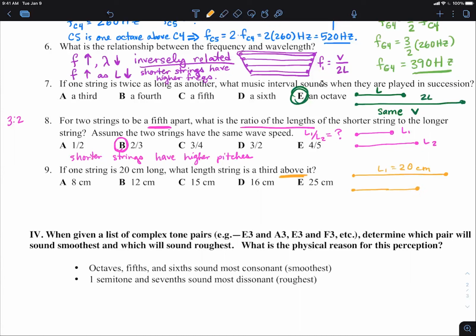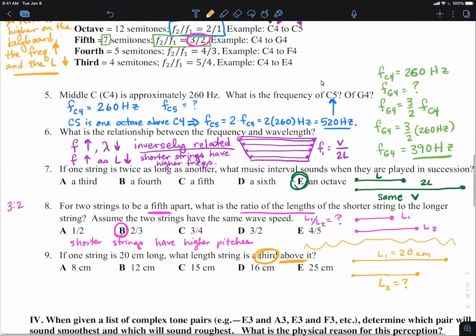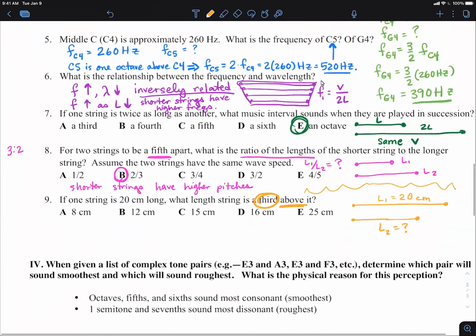So I know it's a shorter string. And I'm trying to figure out what is the length of that string. All right. So then I have to figure out what interval I'm talking about. I'm talking about a third. So I come up here and I see that a third is a 5:4 ratio. Okay. So a musical third has a 5:4 ratio.